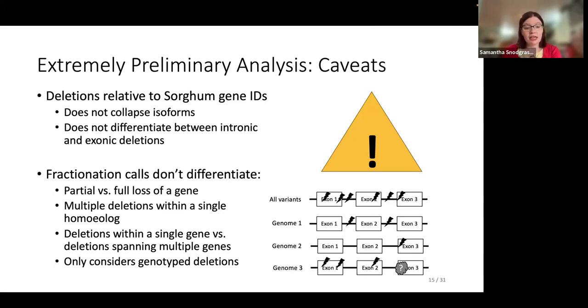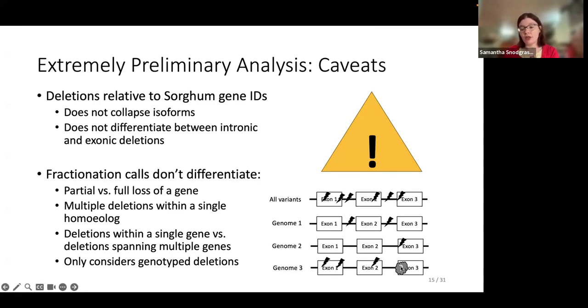It also does not account for multiple deletions within a single homeolog or differentiating the different deletions between homeologs across different genomes. It does not account for if that deletion was within a single gene or if it spans multiple genes. And finally, it only considers genotyped deletions.